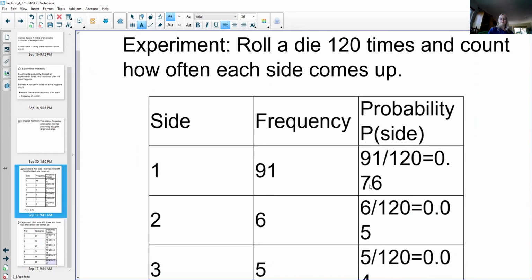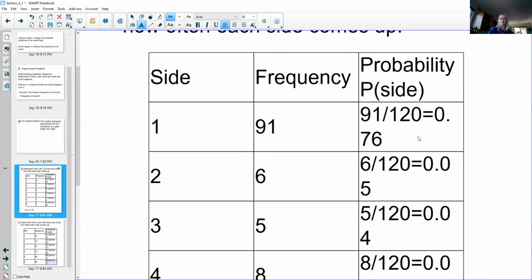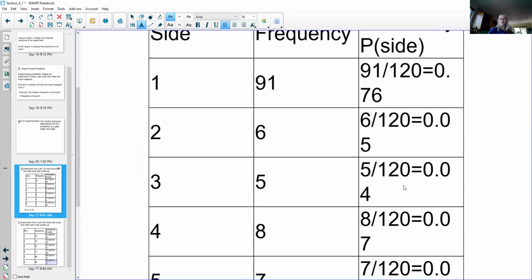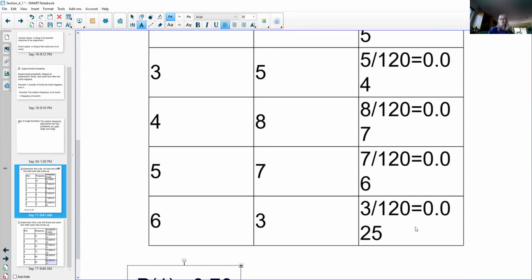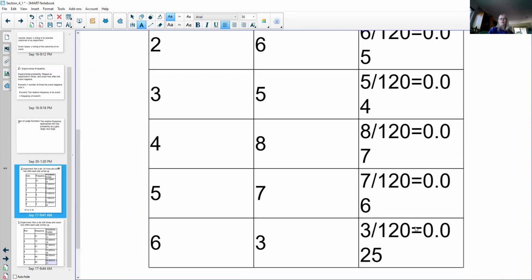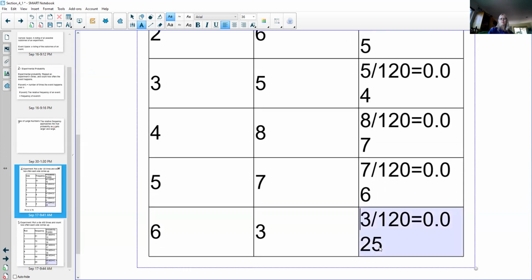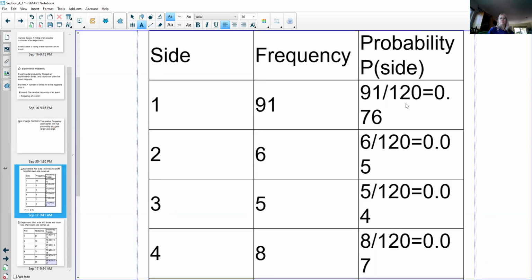Whereas when we did this other die, none of them were near the same value. We had 0.76 and then 0.05, 0.04, 0.07, 0.06, and 0.025. These were all kind of close to the same value, but not this first one. This first one's way far away.